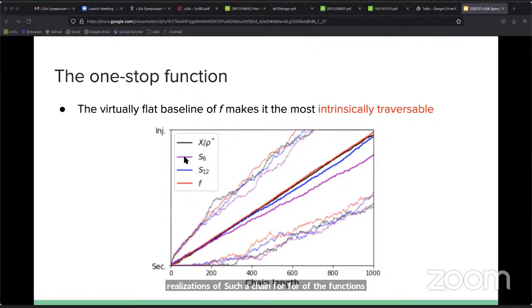The vertical axis is the location of the walker, and the solid lines indicate the median location of these 1,000 chains over time, which is the horizontal axis. The chains traversing the function f are indicated in red, and they are the fastest on average because f is simply the smoothest in the probability tails.